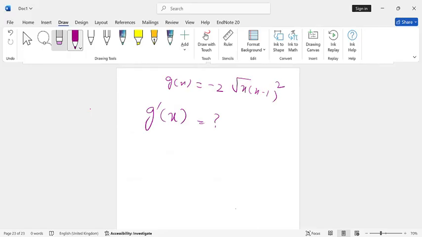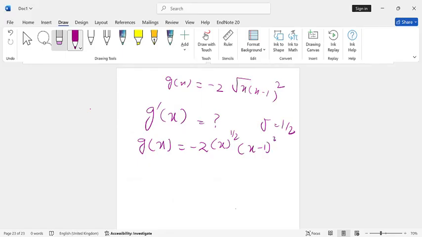So how do we write it? We have to write g of x equals minus 2, and when we take the power, we have x to the power 1 by 2, because the square root of x equals x to the 1 by 2, right? And we have (x minus 1) whole squared.